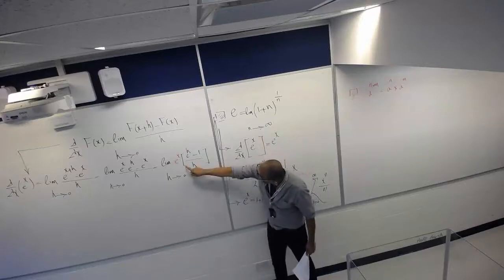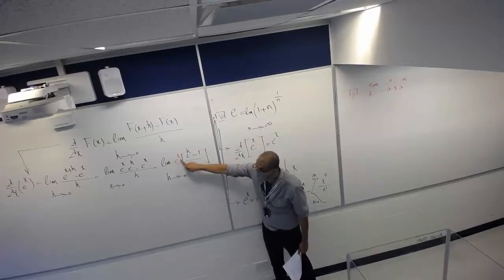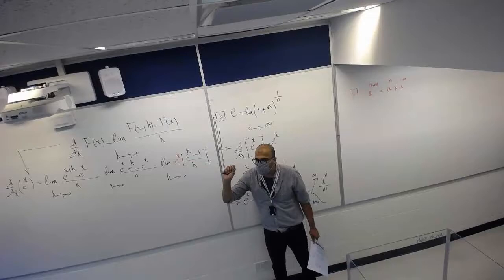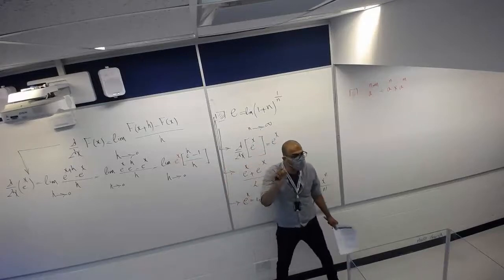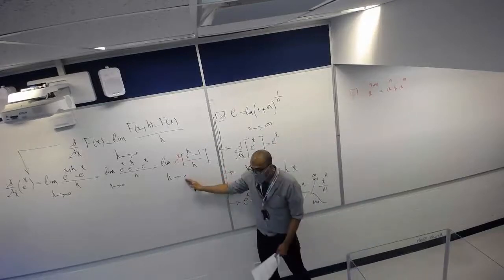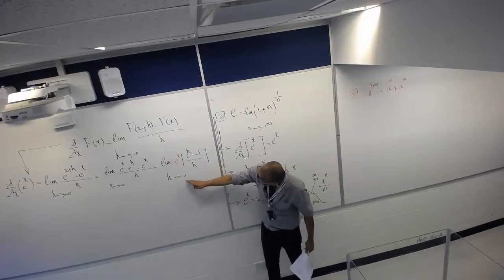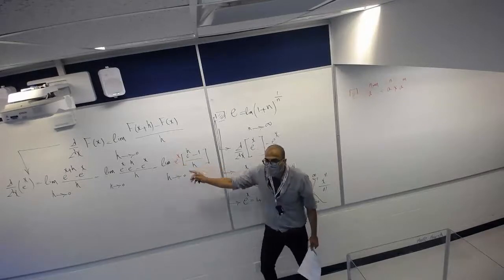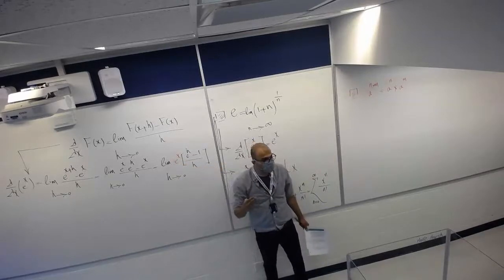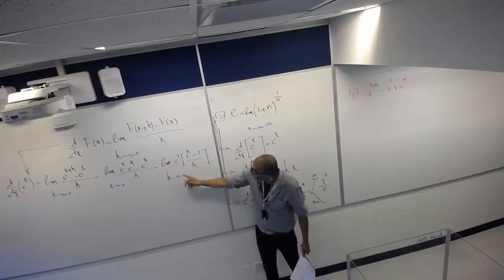As a result, e to the power of x is completely independent of h, because h is going to 0 and I do not have anything inside this. It means that this term becomes like a coefficient, an independent term with respect to the limit.